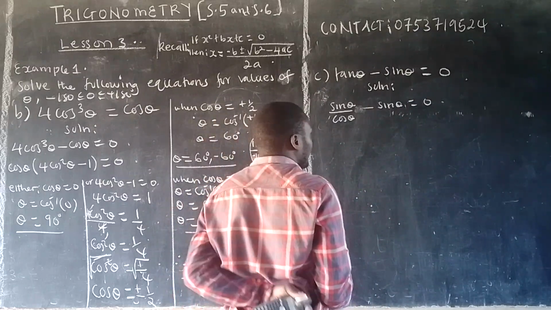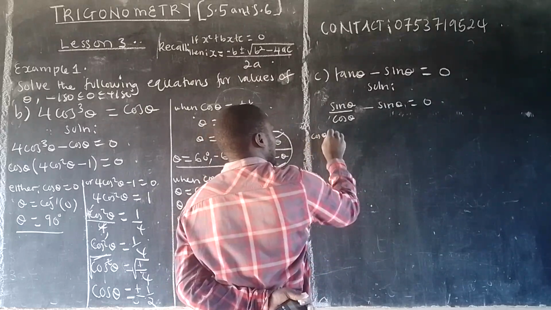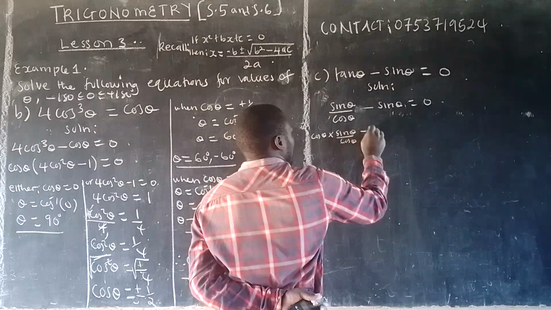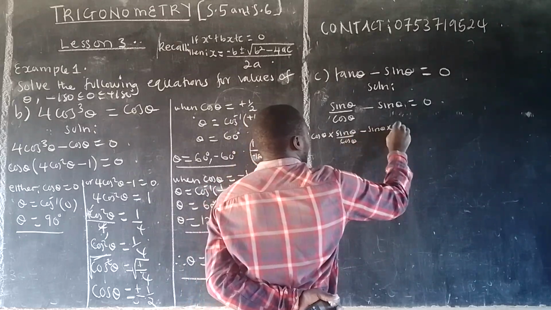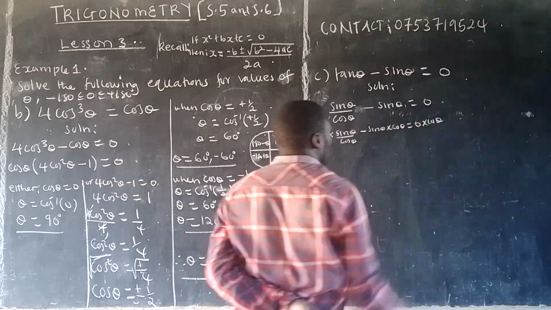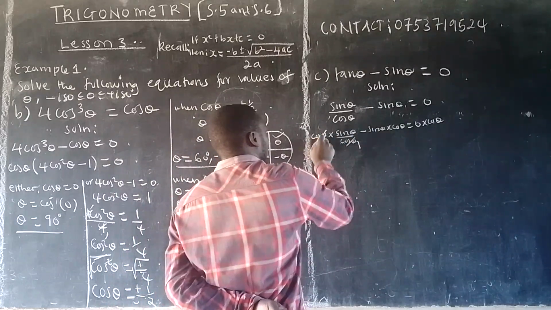Next, multiply through by cos theta. So this will be the cos of theta times the sine of theta over cos of theta, minus the sine of theta times the cos of theta, equals 0 times the cos of theta. Multiplying all through by that cos theta so that we make a linear equation like that.